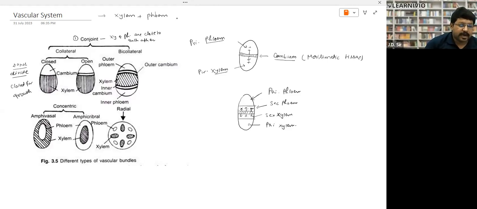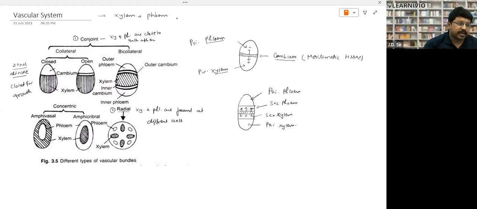The second kind of vascular bundle is radial. Radial vascular bundles are those where xylem and phloem are found at different axes.